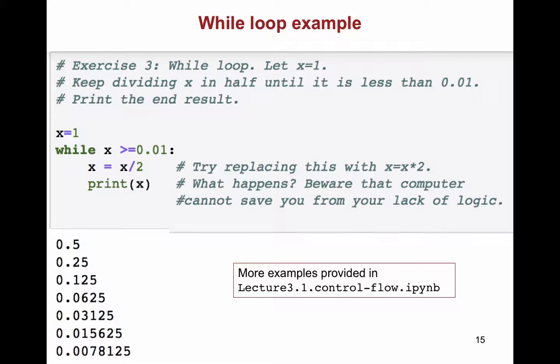Then I'm going to print that 0.25. Then I'm going to go to the while loop again and check whether the statement is true. If it is, proceed. 0.25 is still larger than 0.01, and I'm going to keep going until I fall under 0.01. And that happens for 0.078125.